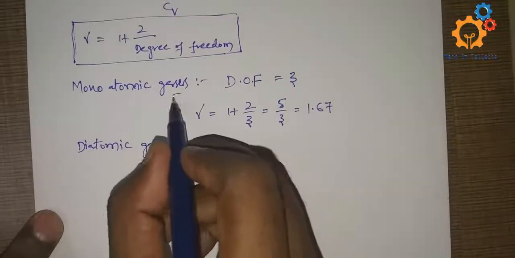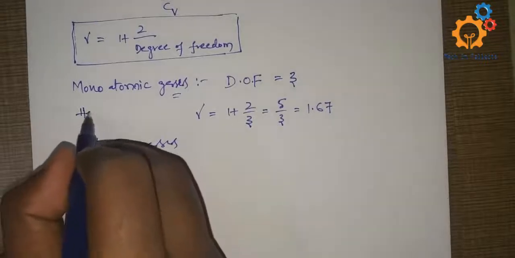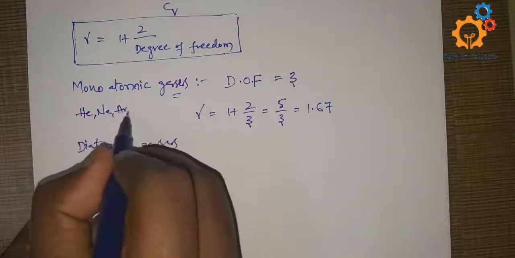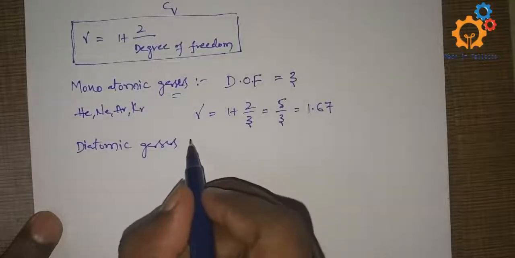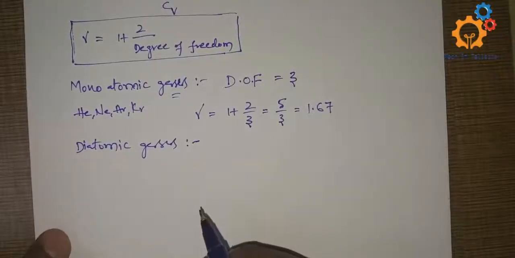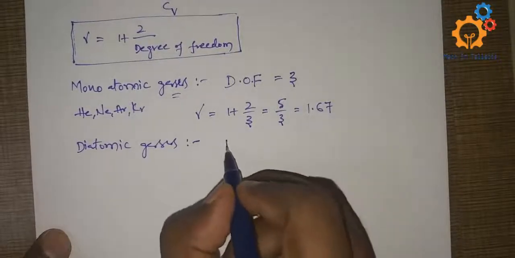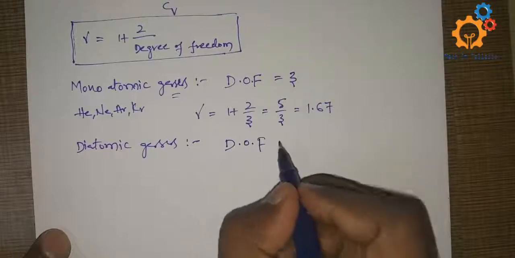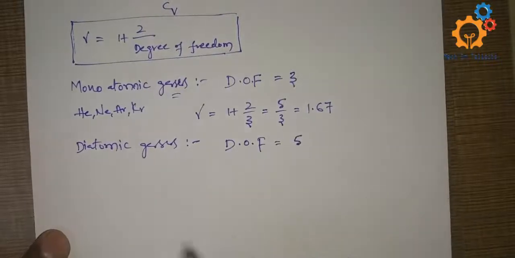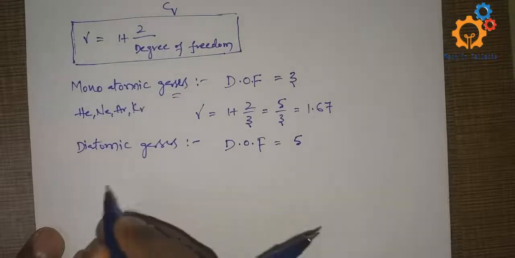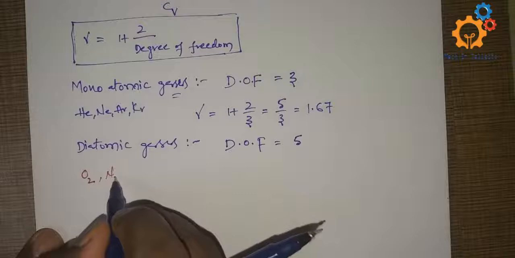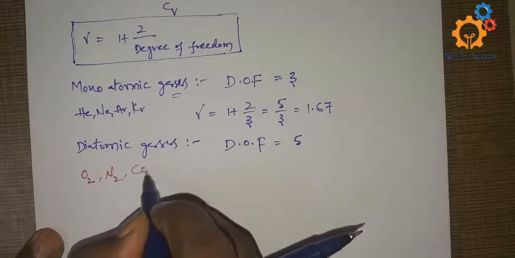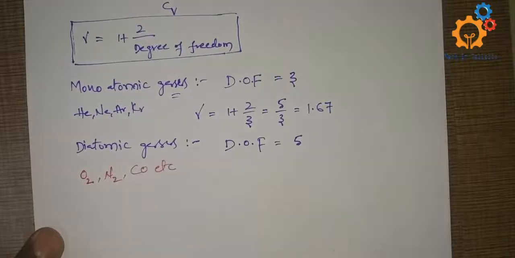What are monoatomic gases? Helium, neon, argon, krypton, like this. For diatomic gases, the degree of freedom is 5. And what are diatomic gases? O2, N2, CO, etc.